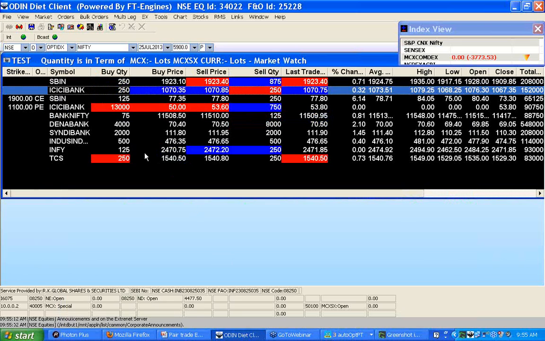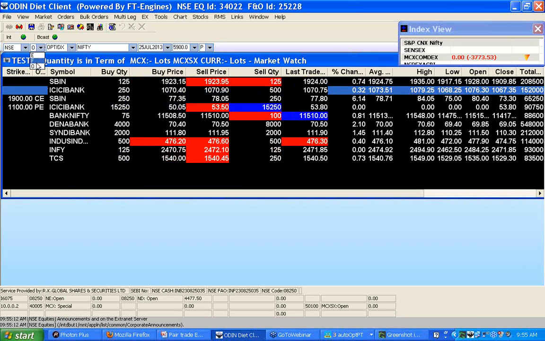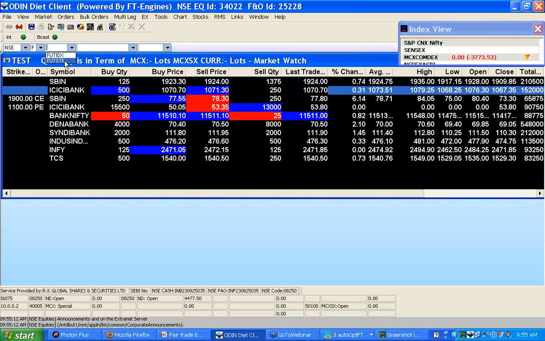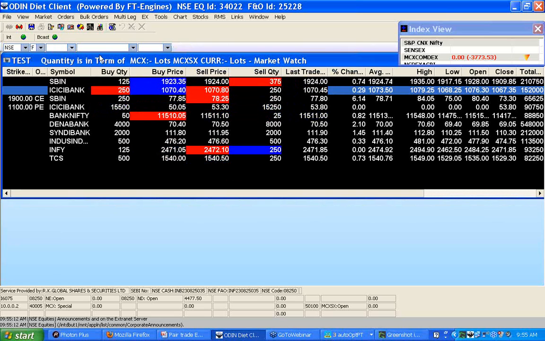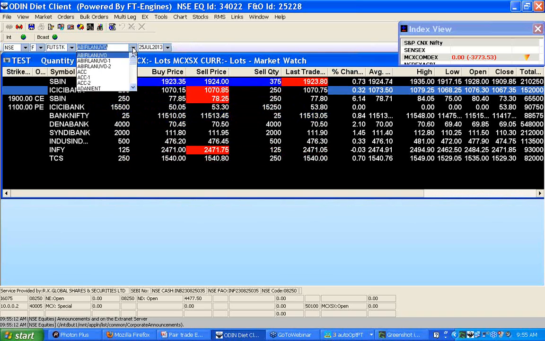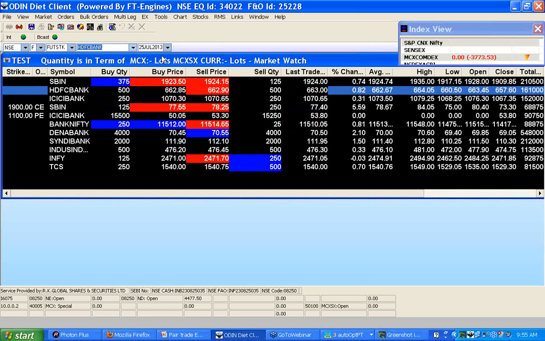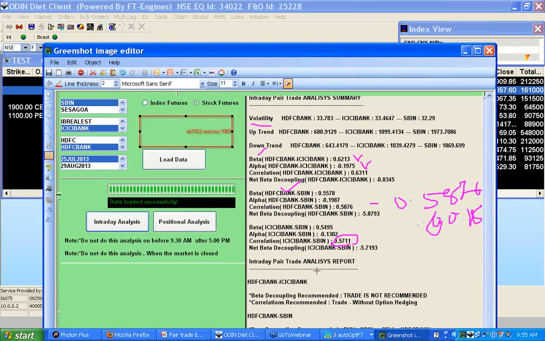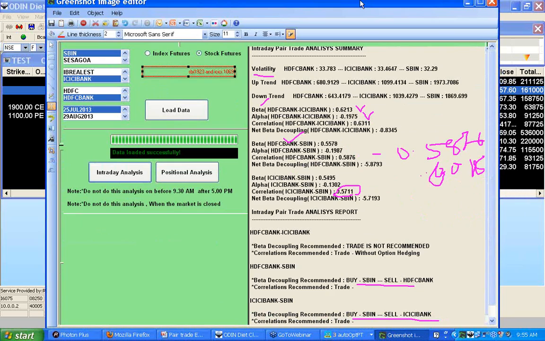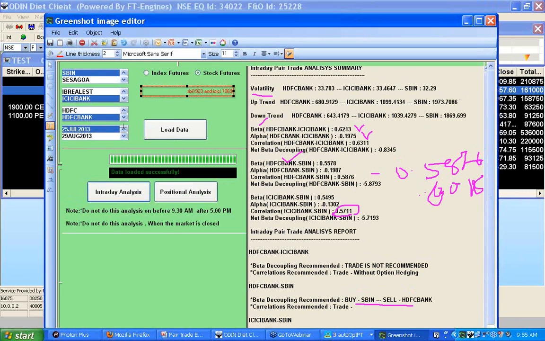Let me also put the HDFC Bank future here, at 663. This is what we are getting for SBI and ICICI Bank, and it is also giving us buy SBI and sell HDFC.